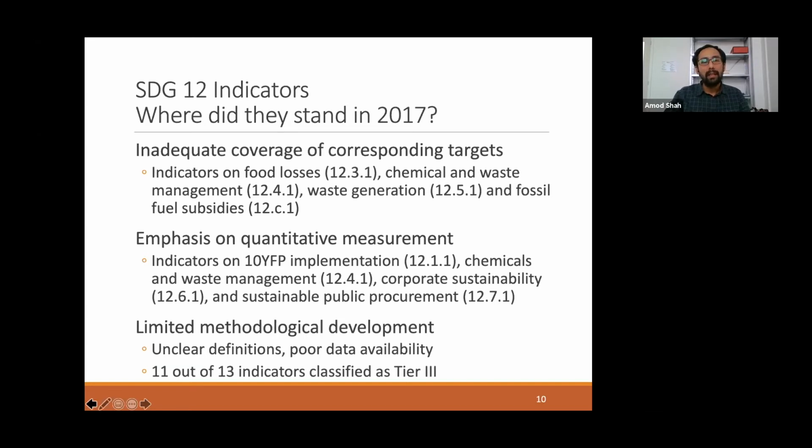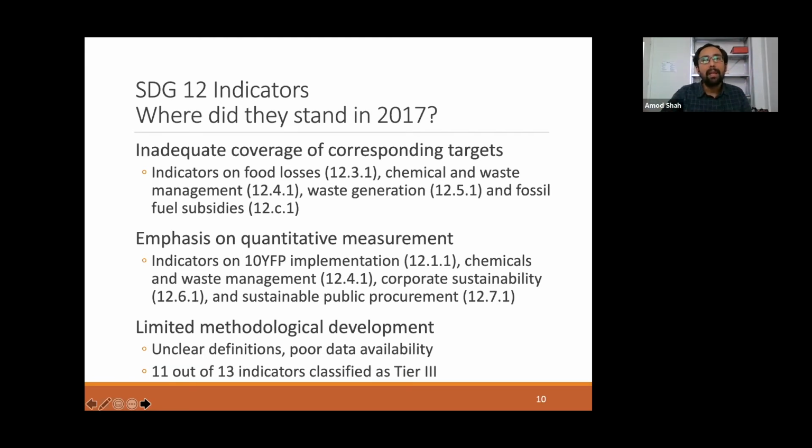So if you see 12.1.1, which is around counting of countries which have national action plans, 12.4.1 is counting the number of countries which report on these conventions. 12.6.1 is on the number of companies which publish sustainability reports. So it's really not about the quality of the reporting, it's just about counting it.